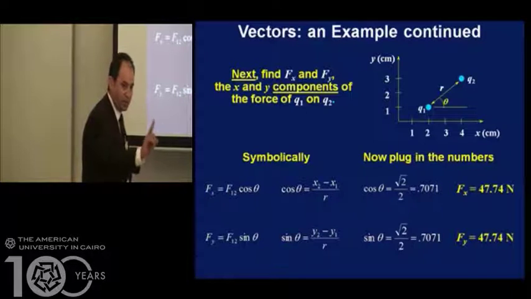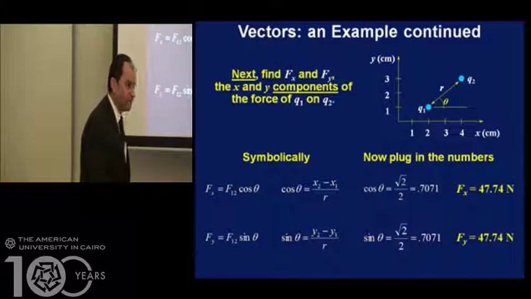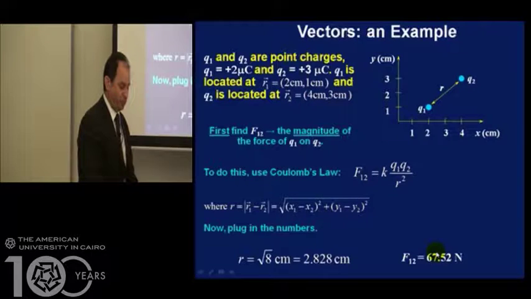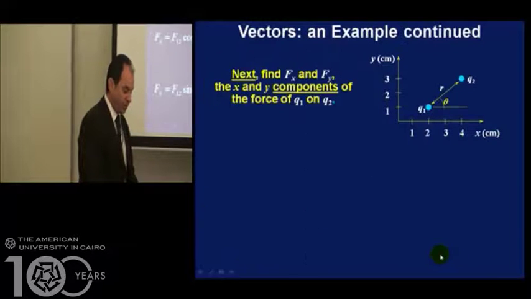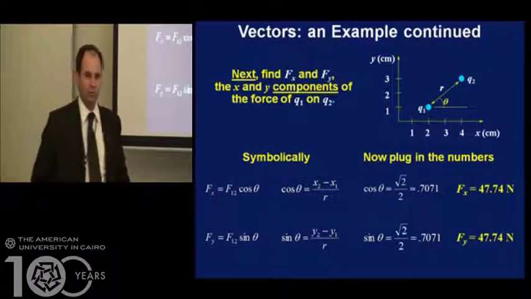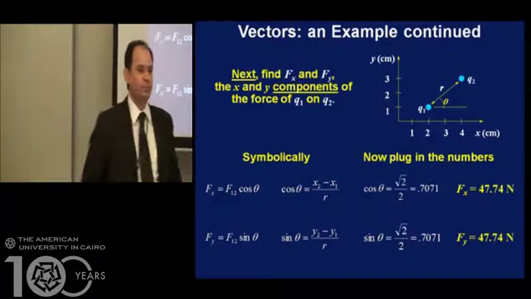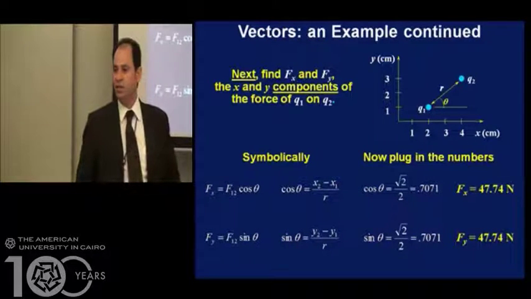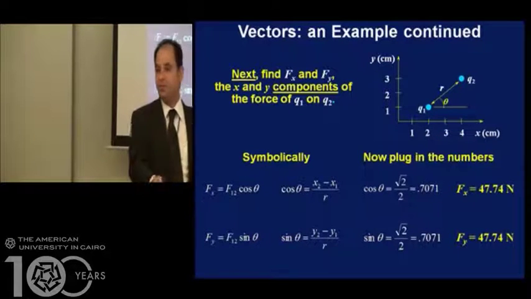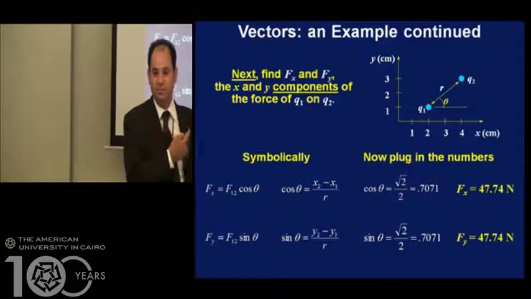Let me finish this, and I'll take your question in a minute. But let's go back and look at the magnitude of the force. It was 67.5 Newton, while the x component is 47 and the y component 47. How come the two components are not adding up to the 67 Newton? Because that's a vector quantity.